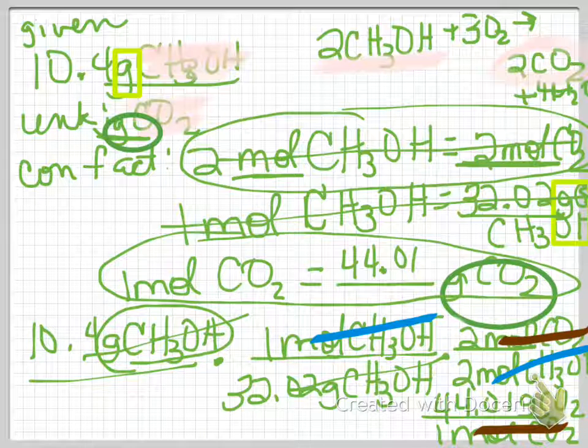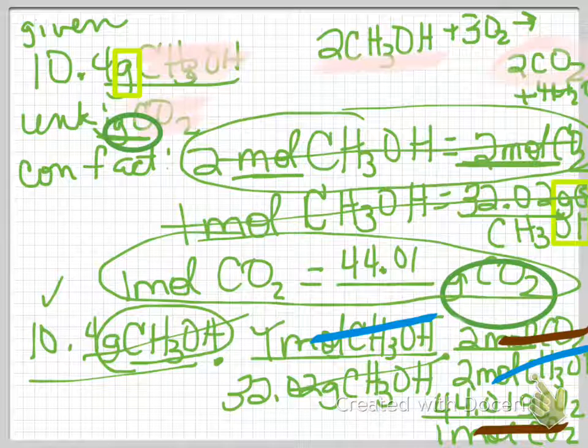And now you're just going to put this in your calculator. I'm going to start at the very beginning, right here with this 10.4 grams. So I'm going to say 10.4, times 1 divided by 32.02, times 2 divided by 2, times 44.01 divided by 1.